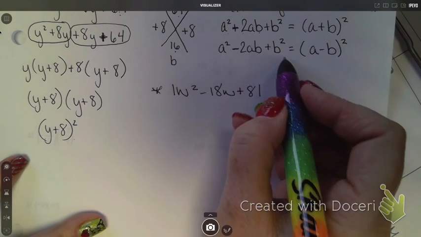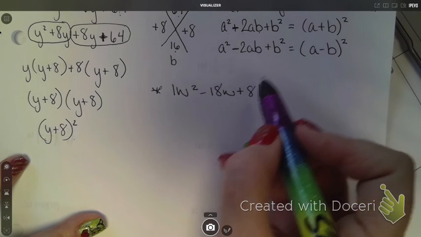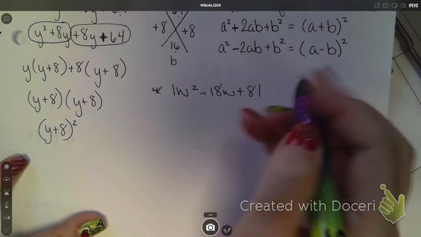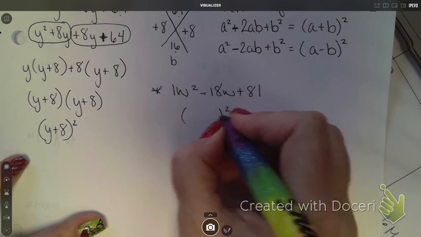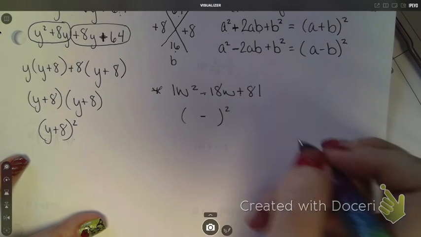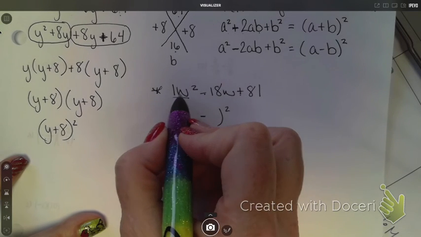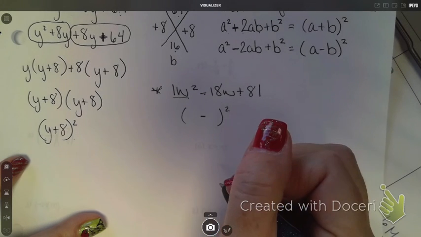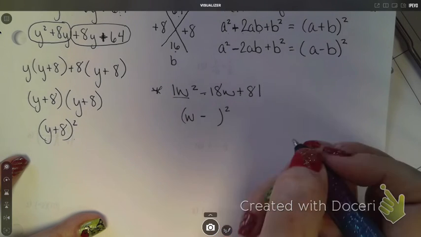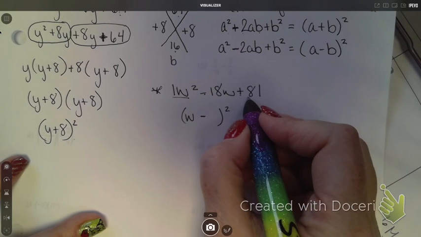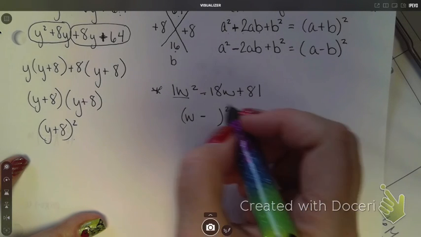So is it going to work with this rule? Yes. It's a minus, so it's going to be minus. What is the square root of w squared? W. What is the square root of 81? 9.